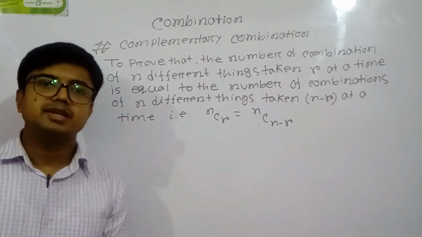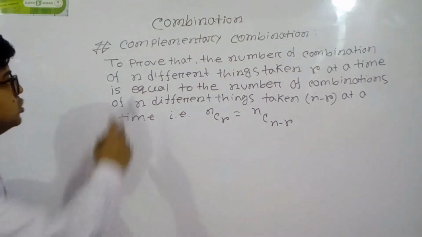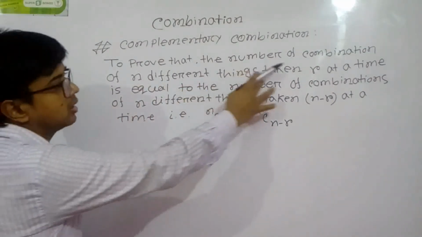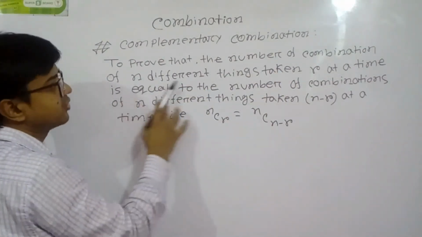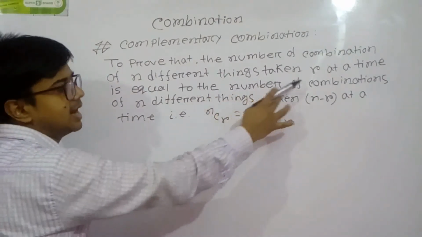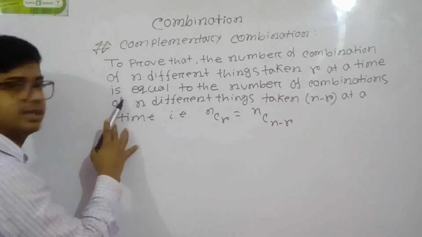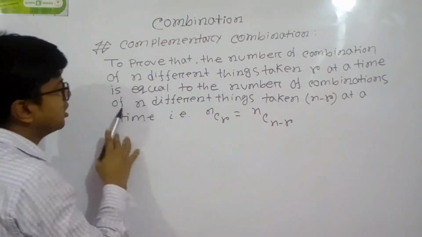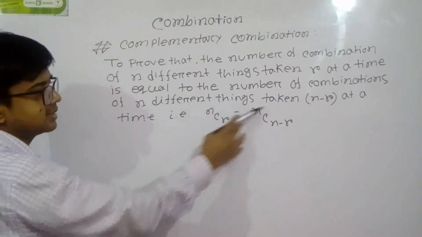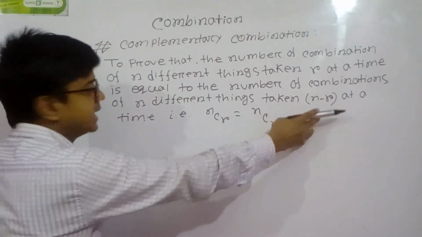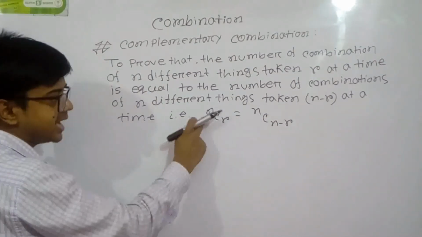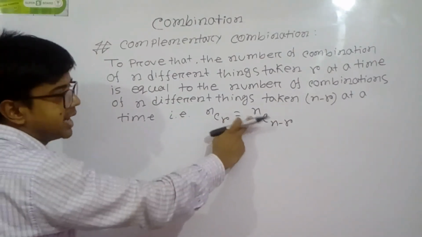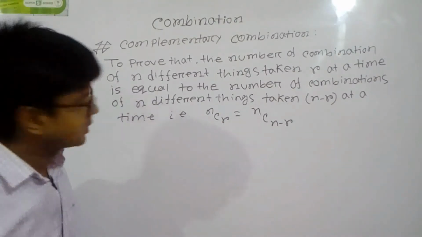Now, complementary combination. To prove that the number of combinations of n different things taken r at a time is equal to the number of combinations of n different things taken n minus r at a time, that is nCr equals nC(n minus r).